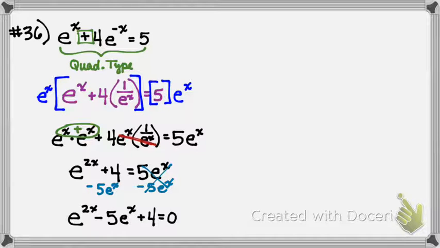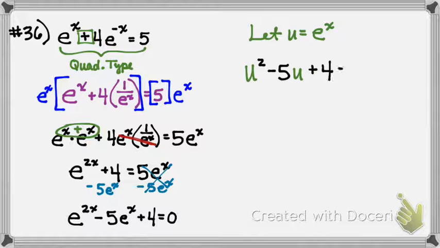What should I let u equal? e to the x. Let u equal e to the x. So now it would be u squared minus 5u plus 4 equals 0.